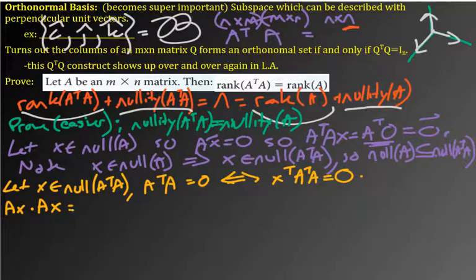And the dot product has a natural duality, we've talked about this, with the transpose. This is so cool. So we do (Ax) transpose times Ax. Those two things really are mathematically the same.